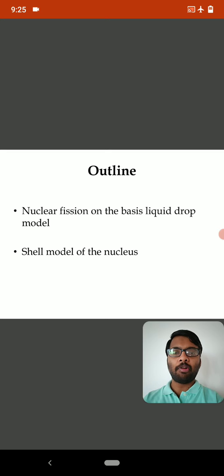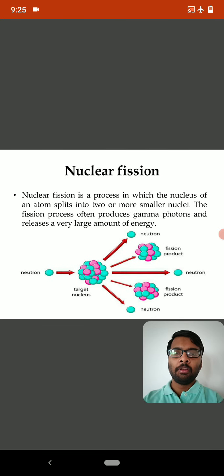To explain that shell closure property, we have one more model called the shell model of the nucleus. We will discuss that as well.